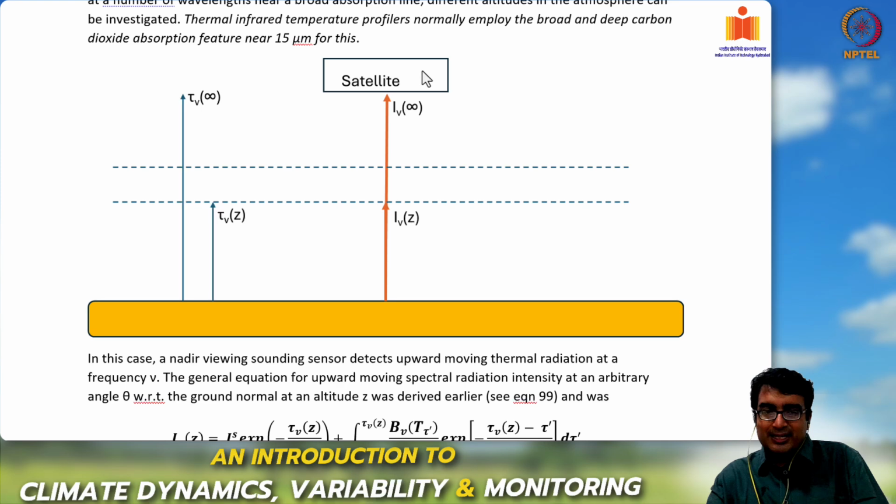So here we have a satellite, we have thermal emission from the ground, which is going through the absorbing and emitting atmosphere. Suppose the radiation intensity at altitude z is I nu z, and at the top of the atmosphere, which the satellite is detecting, is I nu infinity.